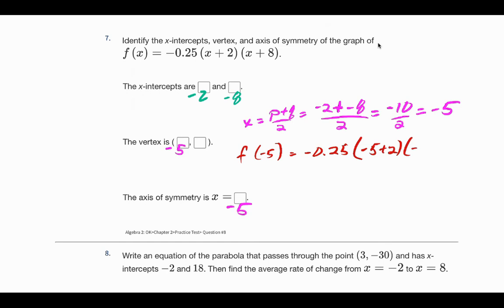And then I'm going to take negative 5 plus 8, which will give us negative 0.25 times what? Negative 3 times positive 3. Plug that in your calculator and you'll get 2.25. And that's our y value of our vertex. Okay?